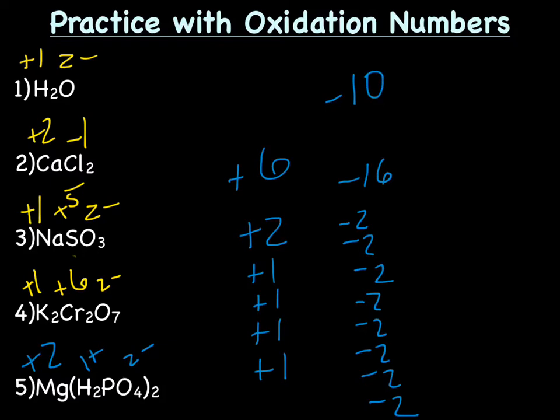How many phosphorus do we have? Well, 2 times 1 is 2, so we have 2 phosphorus, which means each one needs to be negative 5. Okay, that's how you do oxidation numbers. It looks bad. It's not really that bad, so go ahead and give it a try. Have a good one.